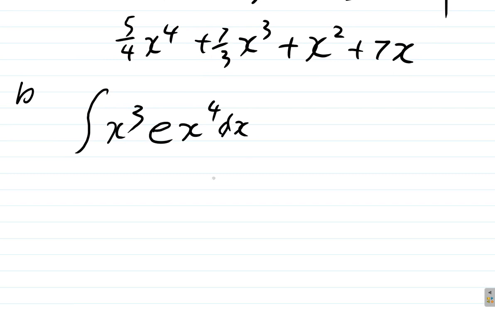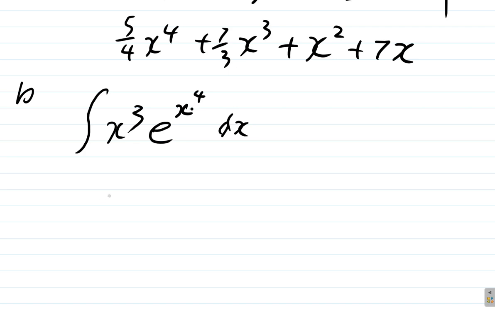So, here, you use integration by substitution. Because you have, let me rewrite it here. It should be e to the x to the 4th, right?